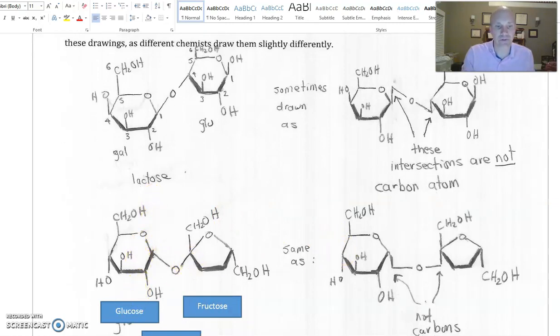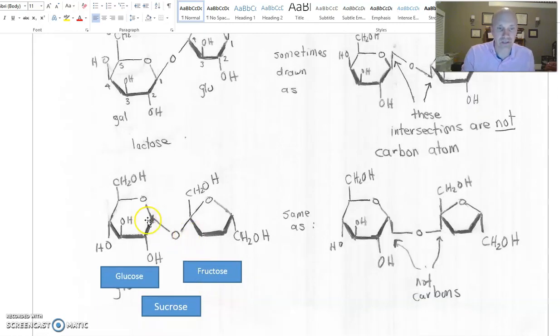However, when you're linking glucose and fructose to make sucrose, you'll notice that this right here is the anomeric carbon of glucose. If this was a hydroxyl right here, it would be the hydroxyl on the carbon right next to that oxygen. On fructose, notice this right here. If this were a hydroxyl off of fructose, it would be a hydroxyl right off the carbon next to that oxygen.